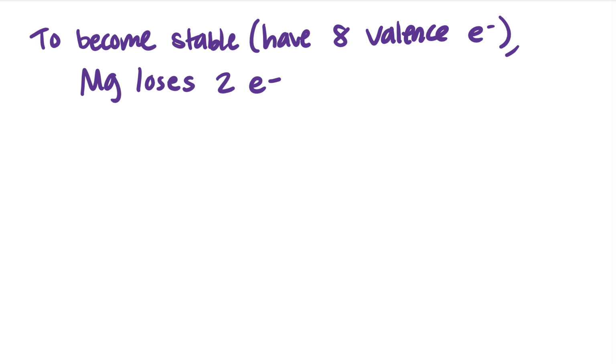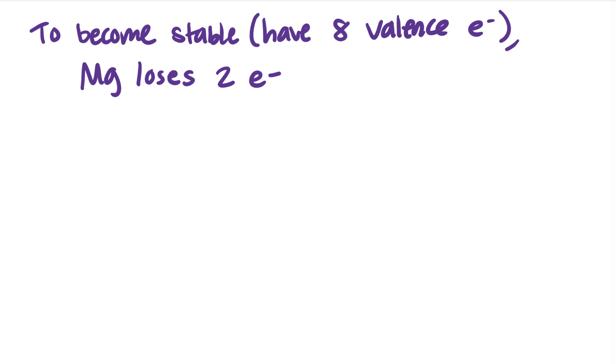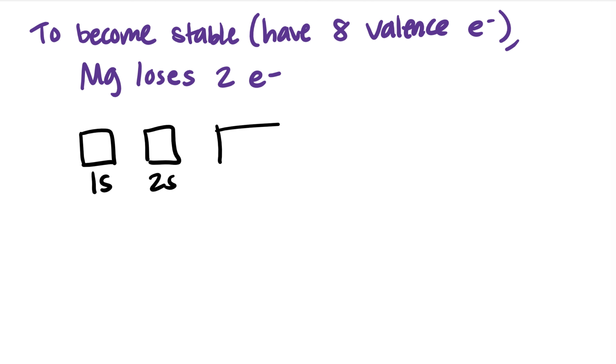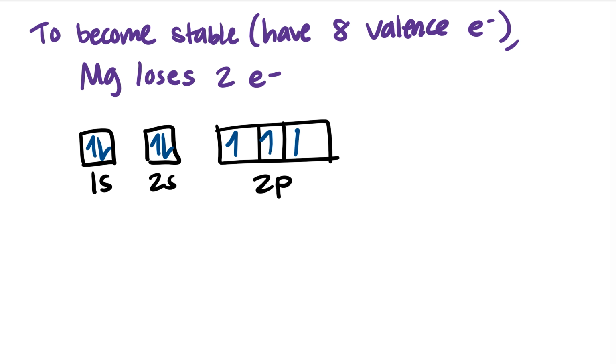The resulting electron configuration is, I'm sorry, not the electron configuration, the orbital notation. Let's draw that first. The resulting orbital notation after magnesium has lost its 2 valence electrons is now this. Let's write the electron configuration for that orbital notation.